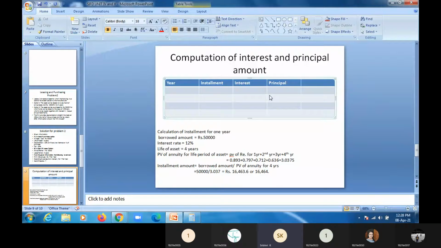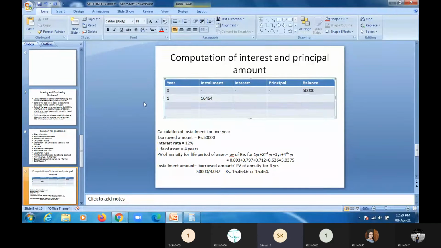After paying this, how much is the balance at the end of each year, that we are going to calculate. In year 0, there is no installment, no interest, no principal amount. Here in year 0 we take the investment of 50,000.